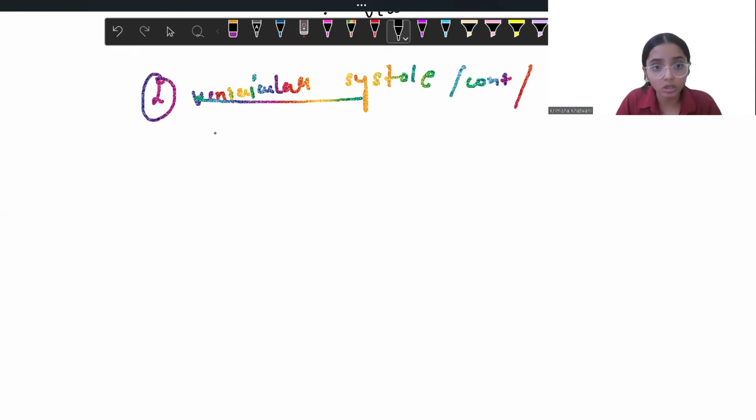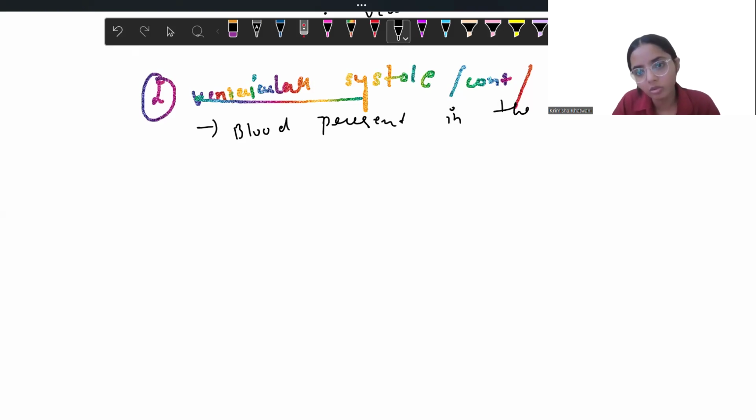The ventricles have blood because just now the ventricles received blood from the atria during atrial depolarization. So now this blood present in the ventricles will move out of the ventricles.